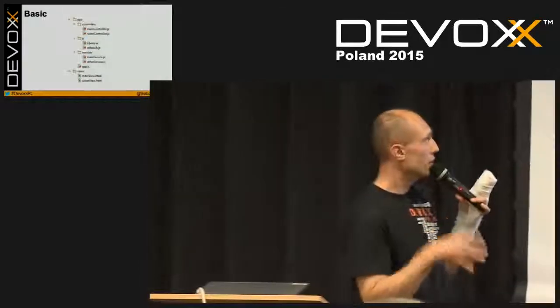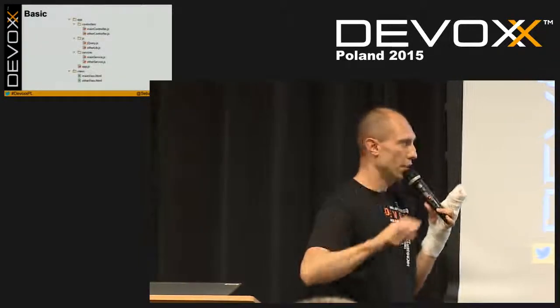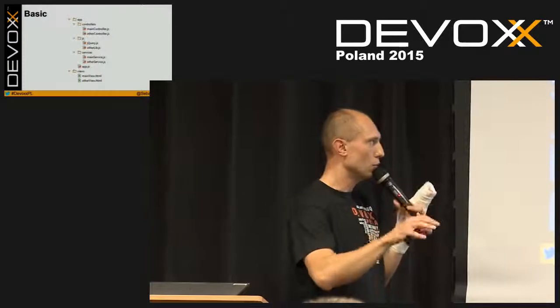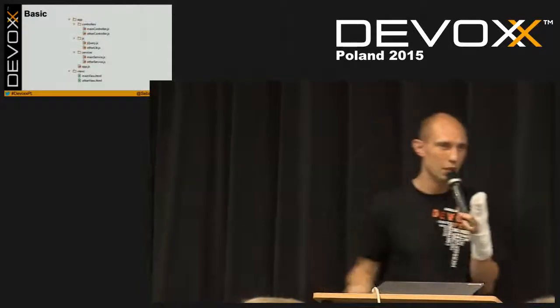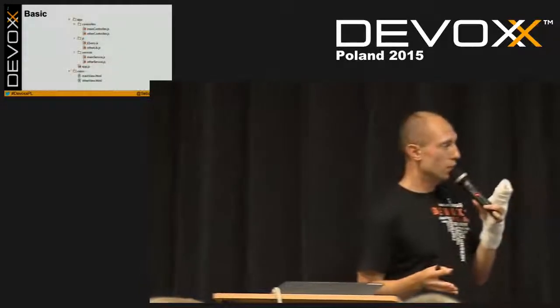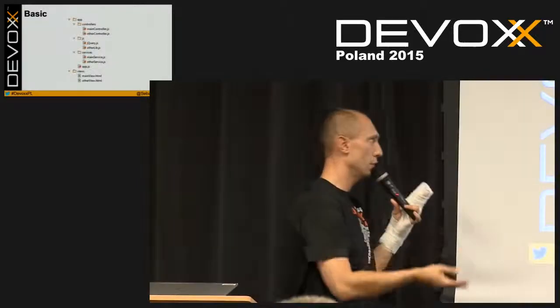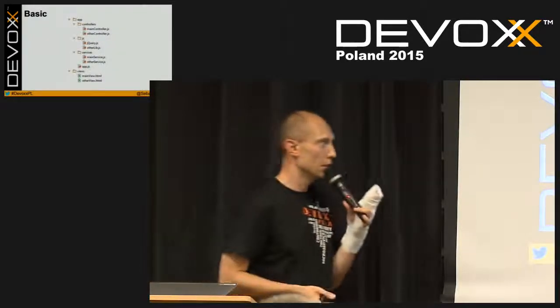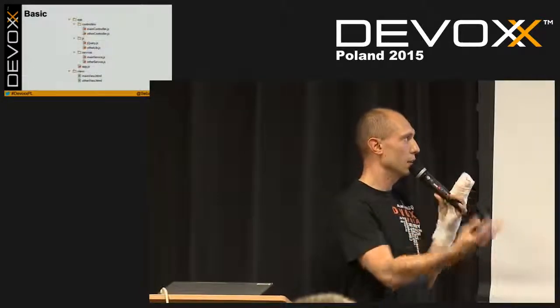Okay, so the basic structure is very often based on the layers of the application. We have controllers, services, and views separately, and views have HTML fragments, maybe some templates, etc. It's cool to have that kind of structure because it's easy for newcomers, and everybody will know where to find the proper component.